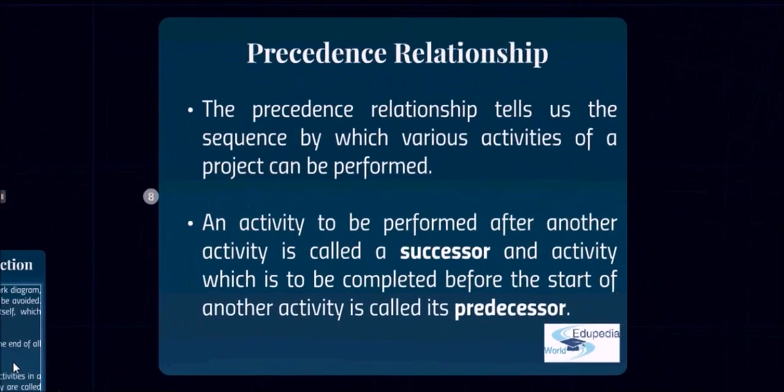Now, what is precedence relationship? Precedence relationship tells us the sequence by which various activities of a project can be performed. It basically explains you which activity is to be performed before which activity or after which activity.